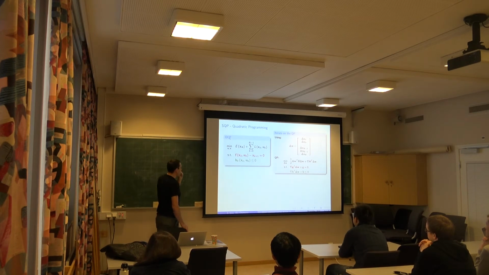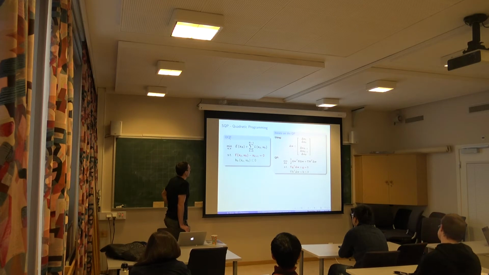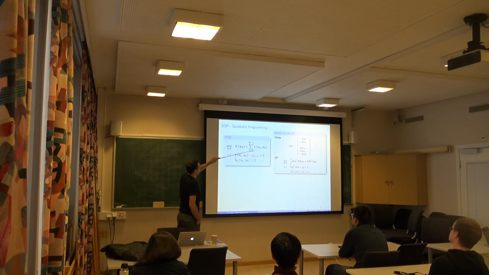So if we go back a little bit to the big picture, at the end of the day, we're trying to solve optimal control problems, which will have this kind of structure. You have a stage cost. You typically sum these contributions over the different discrete states and inputs.